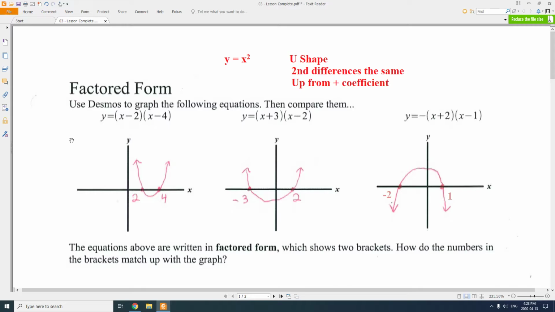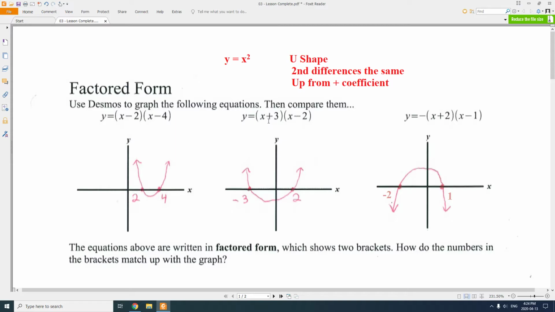All right, so hopefully what we noticed is that in factored form, the numbers that show up in the brackets in the equation are actually the opposite sign as to what your x-intercepts are. So in this case, -2 in the brackets gives me +2 as an x-intercept. -4 in the brackets gives me +4 as an x-intercept.